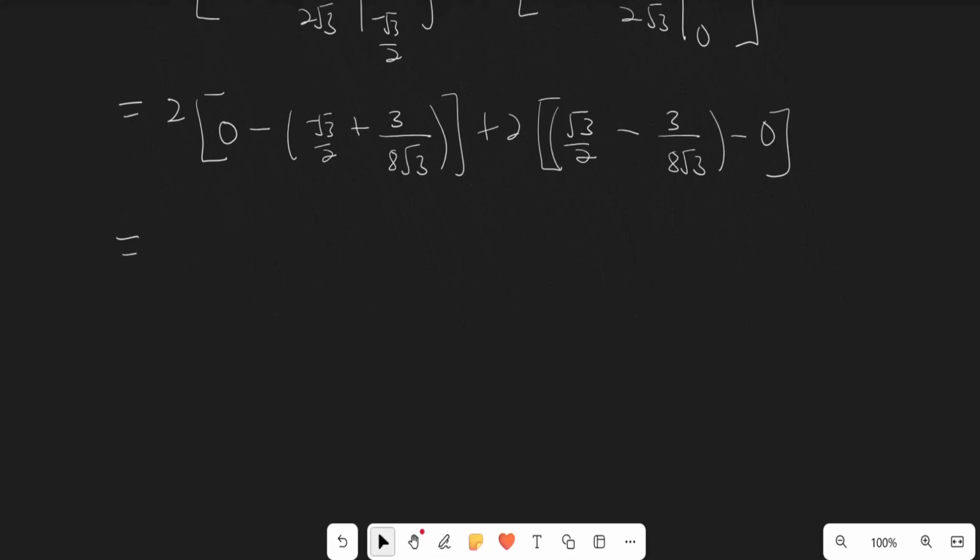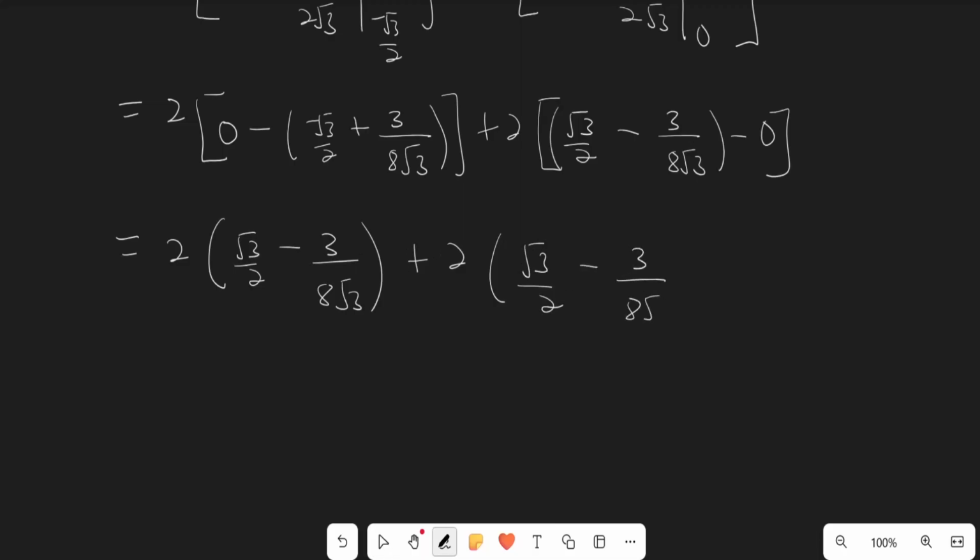You cannot distribute the 2 in, so the 2 is multiplied by these terms. That will be square root of 3 over 2 minus 3 over 8 square root of 3, plus 2 times the square root of 3 over 2 minus 3 over 8 square root of 3.